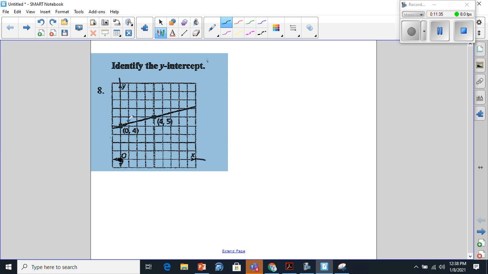That means it's crossing through 1, 2, 3, 4. That means my y-intercept has to be 4. Whew. Glad I caught that one. All right, guys, let's go to the next one.